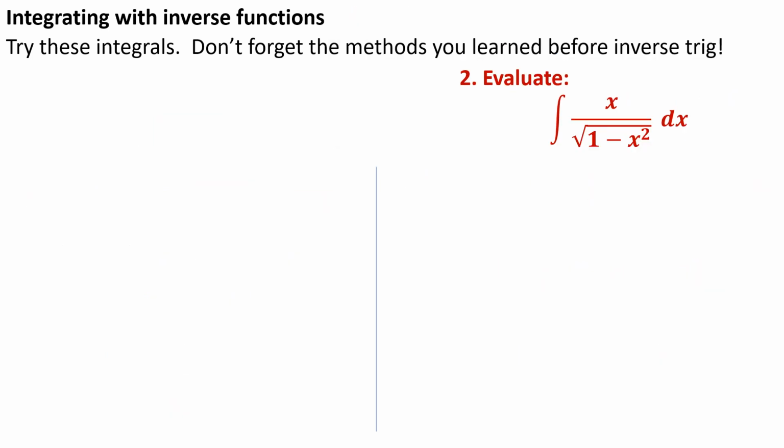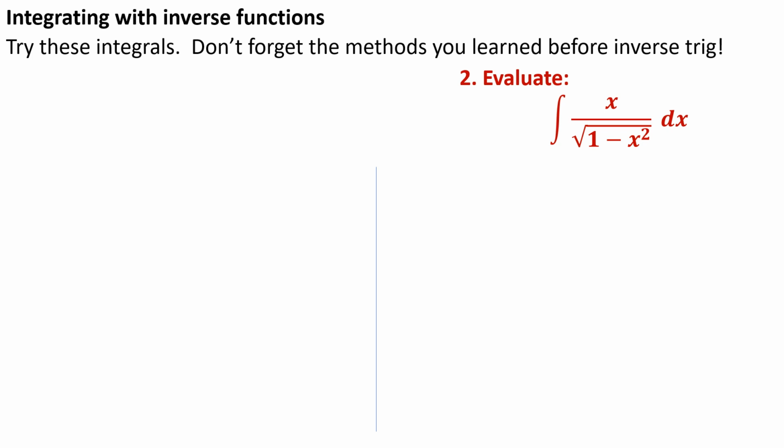For the second question, x over the square root of 1 minus x squared. This one does look more like inverse trig. So maybe you would try to find it in the formula book and then fail because an x on the top makes a difference. You might have decided to use integration by parts because you could split it into x multiplied by 1 over root 1 minus x squared, and that should work, I think.